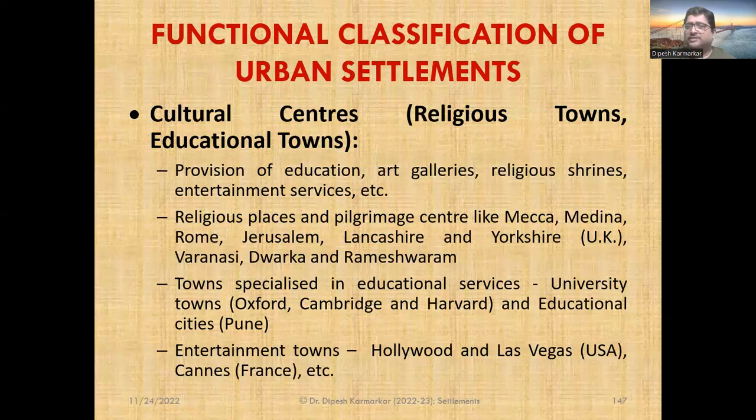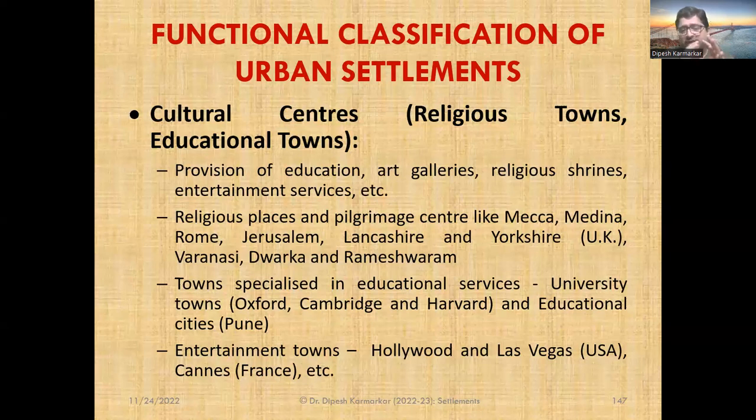Towns that are specialized in educational services are the ones where the educational institutions, especially of the higher order, are located. So it may have university headquarters or more than one university located in such towns. At the same time, research institutions, training institutions, the headquarters.